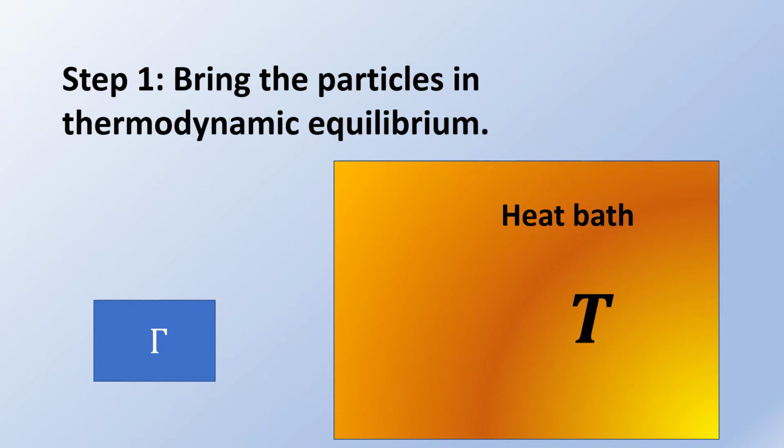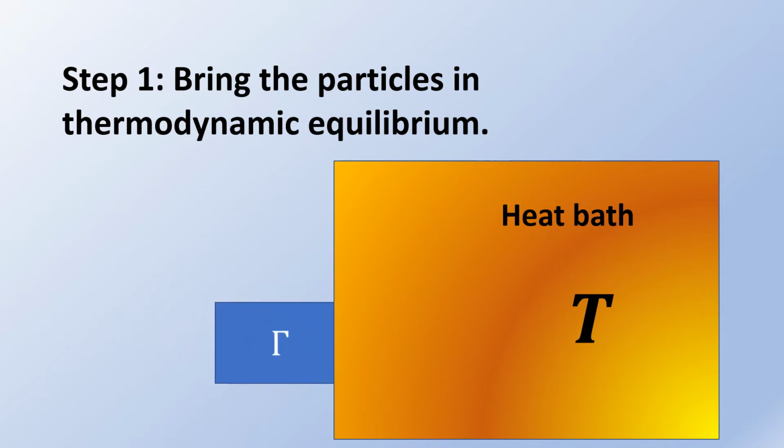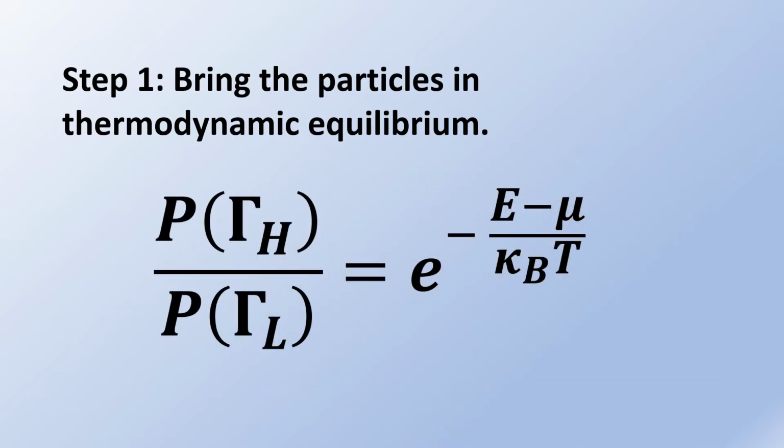Now, this apparatus is brought into thermodynamic equilibrium at temperature T. This means that the ratio of the probability of gamma being in the higher energy state to that being in the lower energy state is given by the exponent of minus (E minus mu) divided by kBT, where kB is the Boltzmann constant.